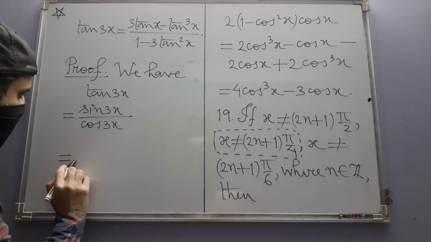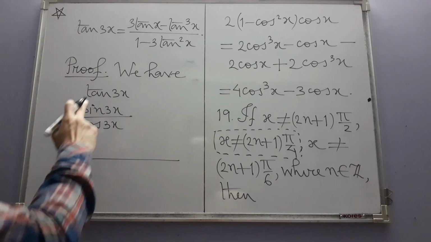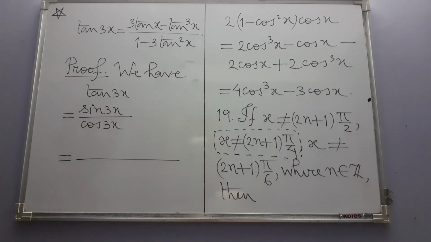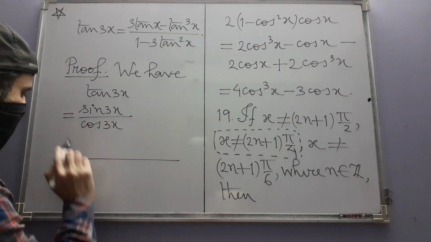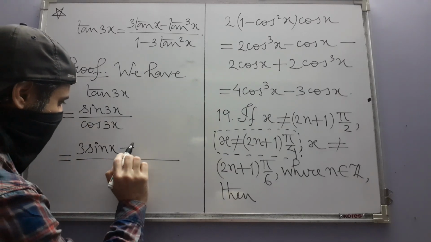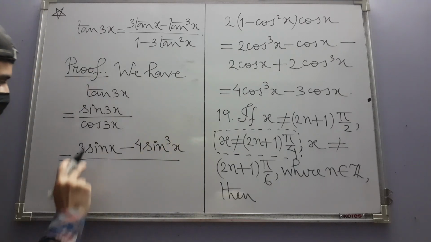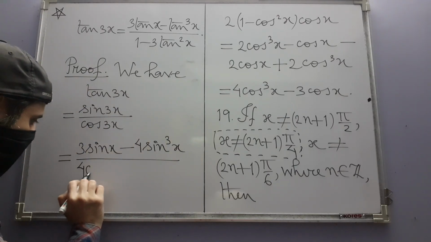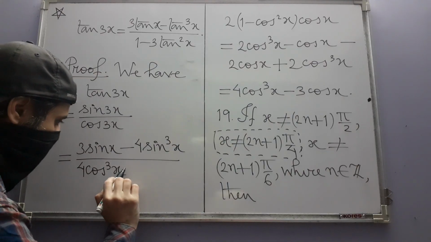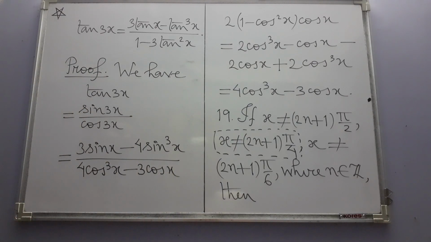Alright, so now what do we write? We write the already derived expressions for sin 3x and cos 3x. Sin 3x is 3 sin x minus 4 sin cube x, and cos 3x is 4 cos cube x minus 3 cos x.